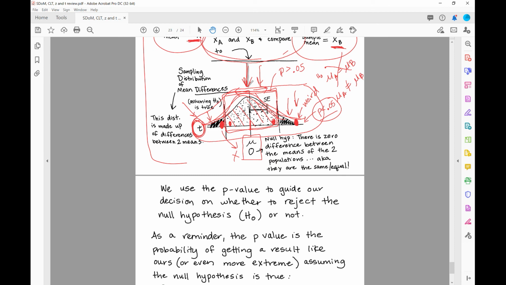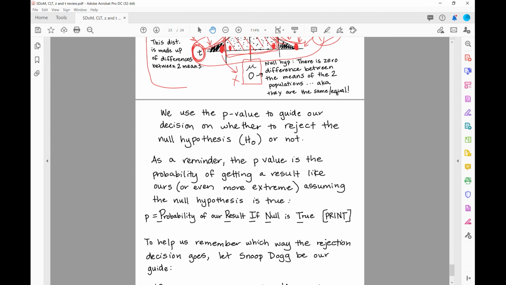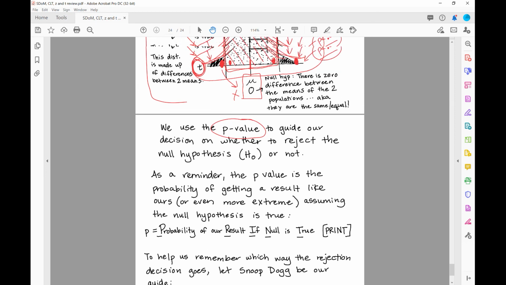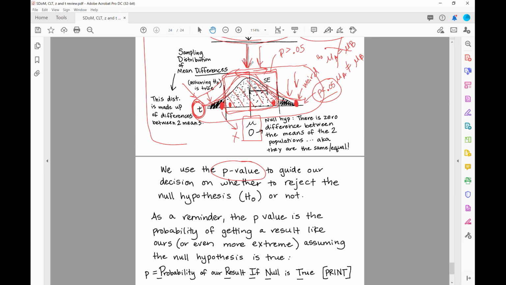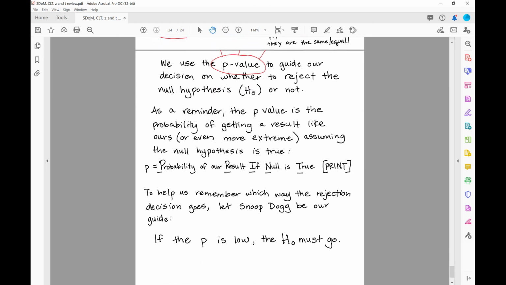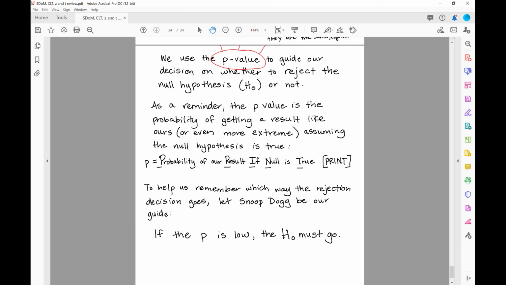Once it figures that out, the computer spits out the p-value for us in our output. And that p-value is what we use to tell us, is it in that middle or is it in one of the rejection regions? So the p-value is what we use to guide our decision on whether we reject the null hypothesis or not.